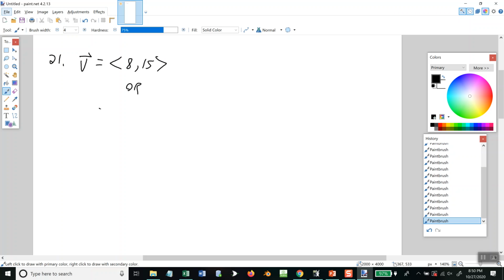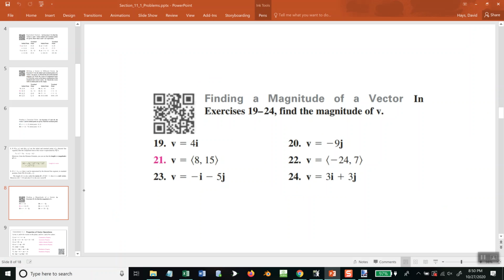Remember, it could be in that form, or it could be 8i plus 15j. They both would be the same. This wants us to find the magnitude of it.